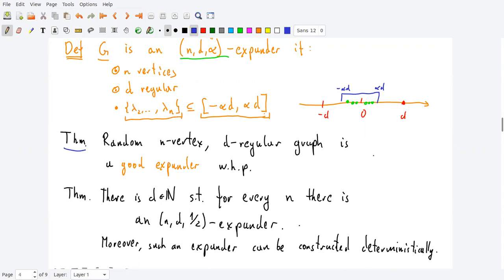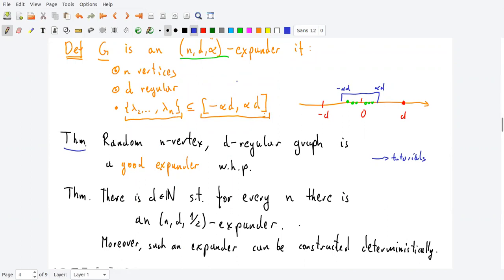This we will be doing during the tutorials next week. This is essentially a good exercise in the probabilistic method and trying to estimate the quantities in a random graph. So the intuition is that if you sample a d-regular graph uniformly, it will be a good expander.